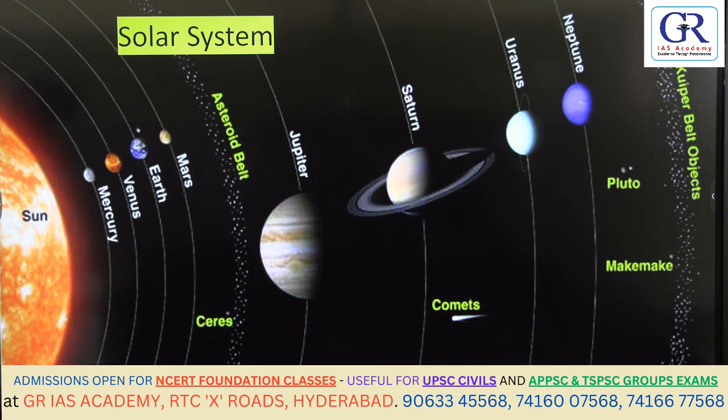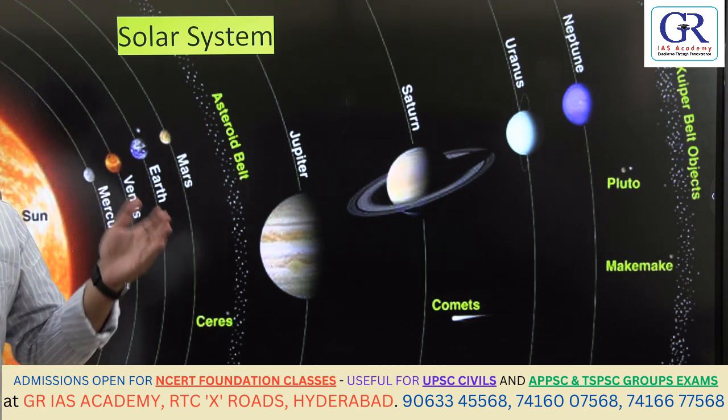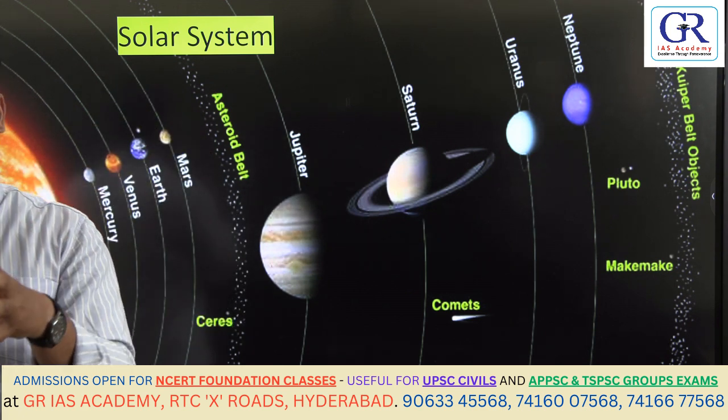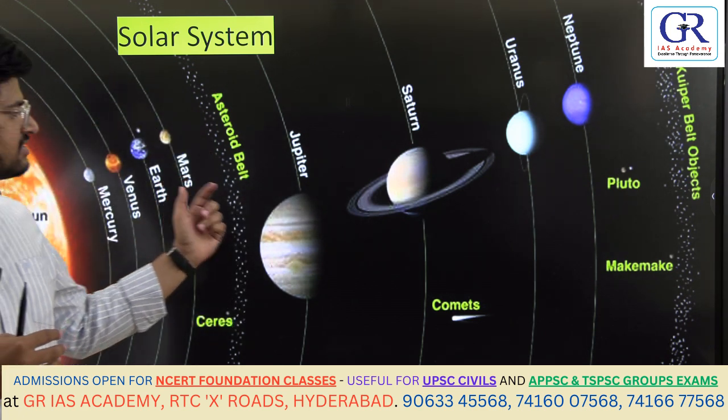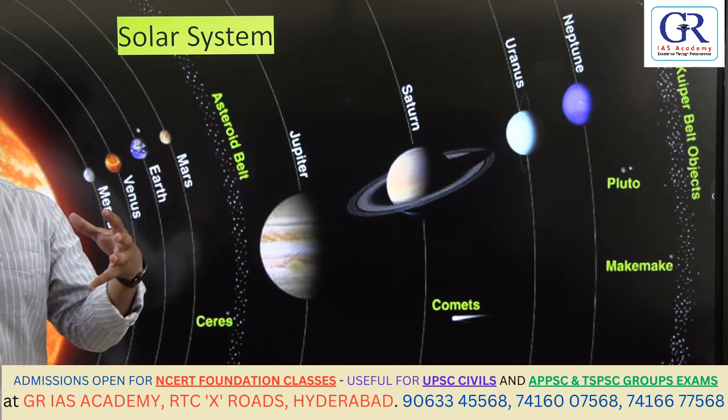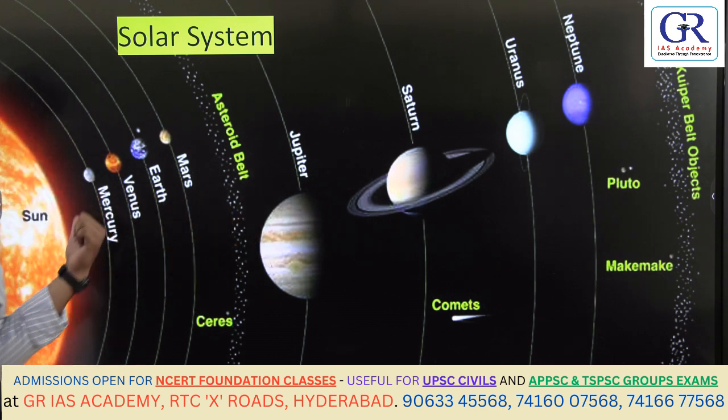The third thing is that since Mercury, Venus, Earth and Mars are small planets, their gravity is also less, so they could not hold the gases that were blown out by the Sun. In the case of Jupiter, Saturn, Uranus and Neptune, they were very big, so they were able to hold the gases. The other reason, as you already know, is the distance between the Sun and these planets.